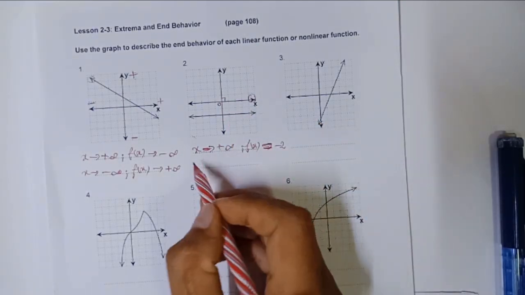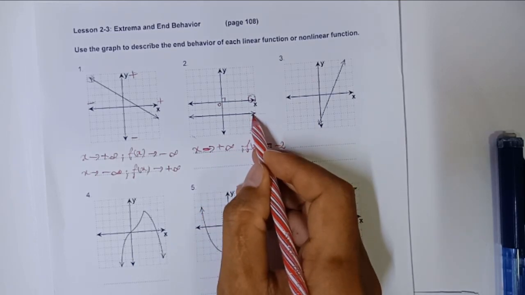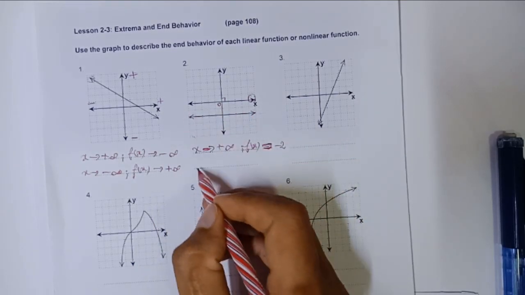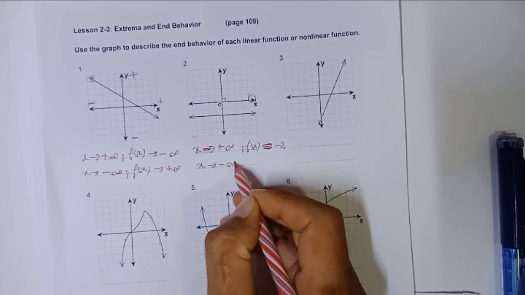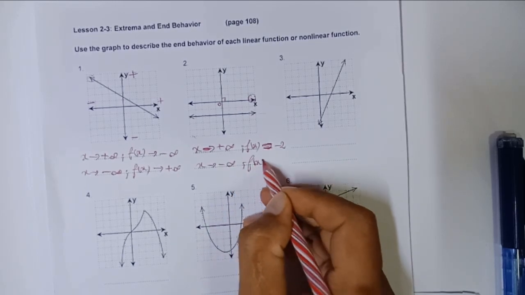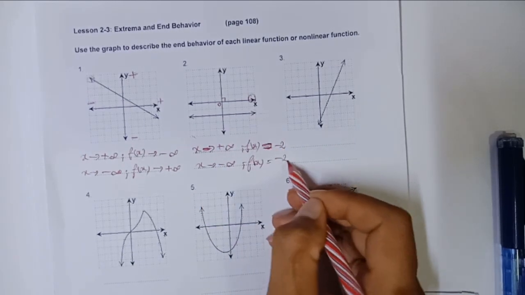Okay, so from this side, how about this side? This side is the negative side. As x approaches negative infinity, f of x stays the same, which is -2.